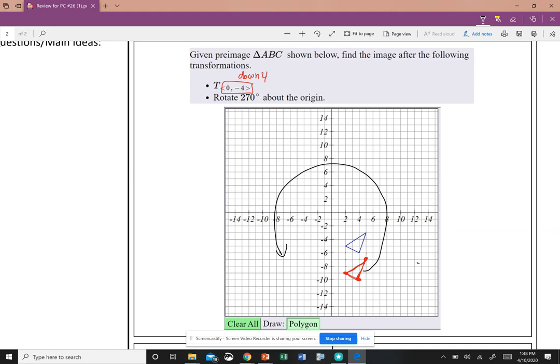Cool. All right, so originally this was right 2, down 9. So now I'm going to go right 2, down 9. There's my new point. Then this one is right 4, down 10. So I'm going to go right 4, down 10.